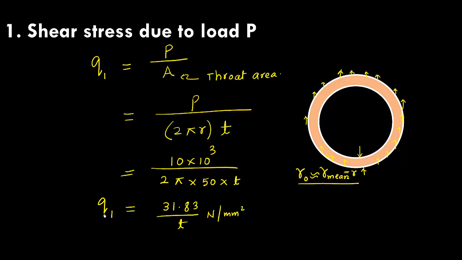Now let us calculate the shear stresses generated due to the twisting moment T. As I said earlier, this twisting moment will be perpendicular and will act in a tangential direction, and will have a different direction at different points.